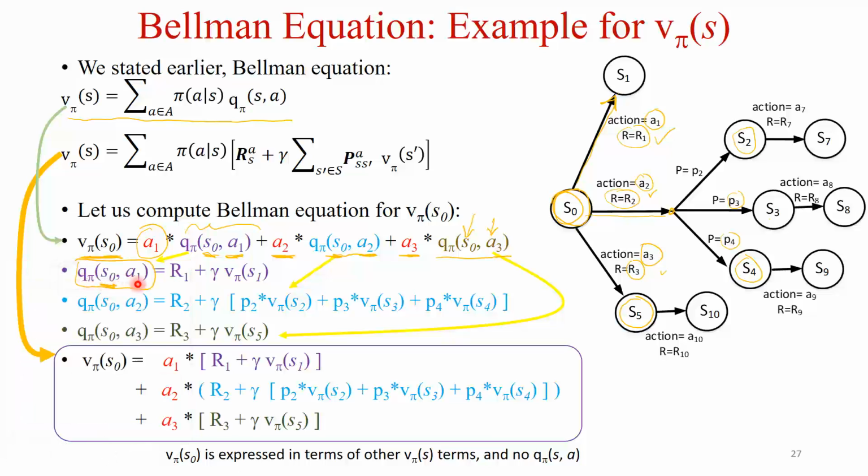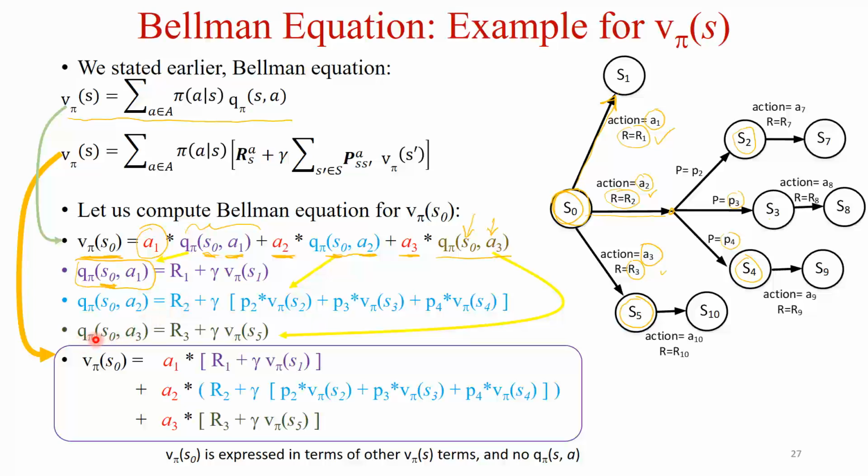When I'm leaving S0 with action A1, I get reward 1, which is right here, plus the state value of S1 discounted by the discount factor.